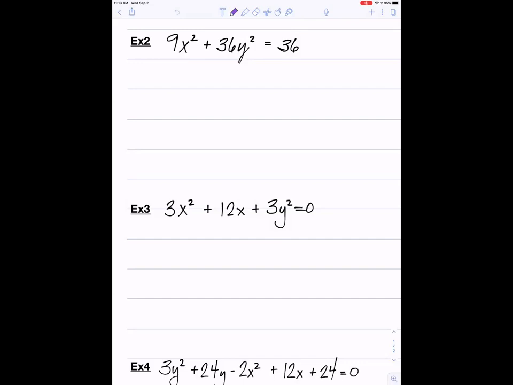I don't want you to start getting a standard equation, so don't write this down. But what if I were to divide every one of these by 36 and started getting a standard equation? What would you end up with? And in this case, are my A and my B the same? They're not. So this would have to be an ellipse.